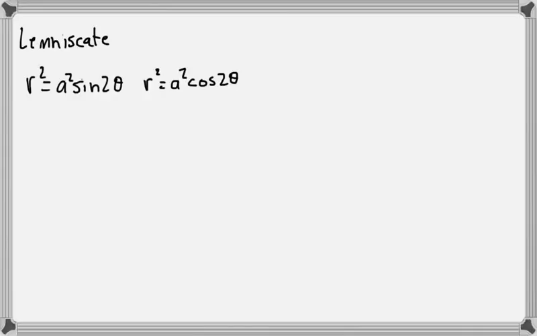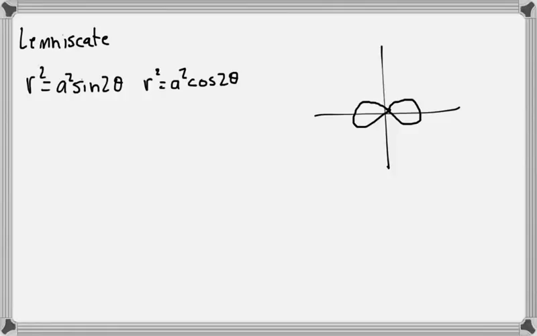This one's a little bit different. If you want to know the shape, this looks just like an infinity symbol. It's two petals on either side. Will it ever be over the y-axis?